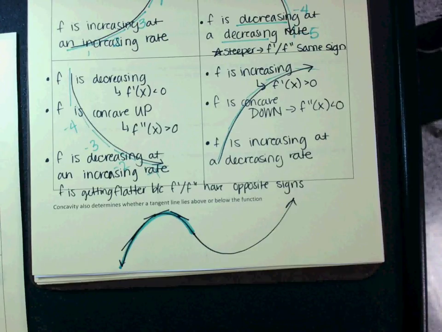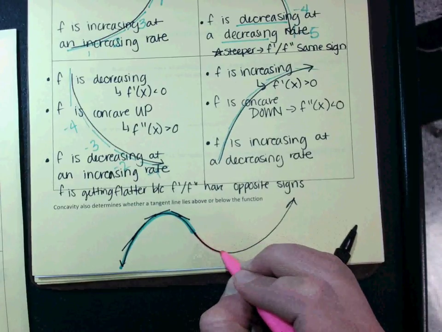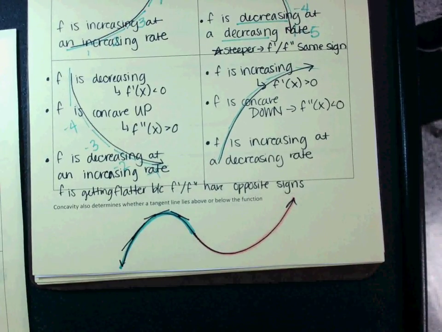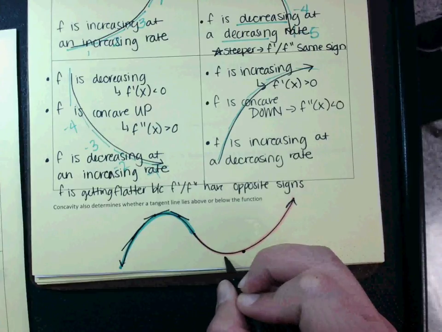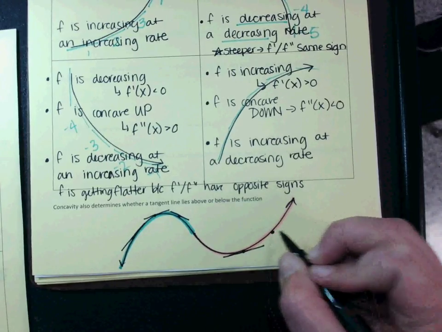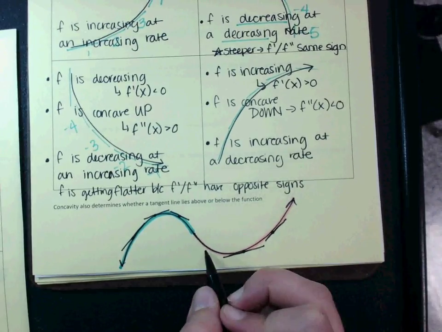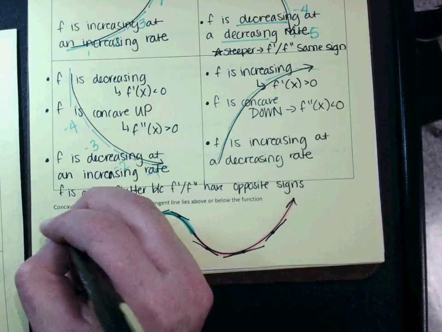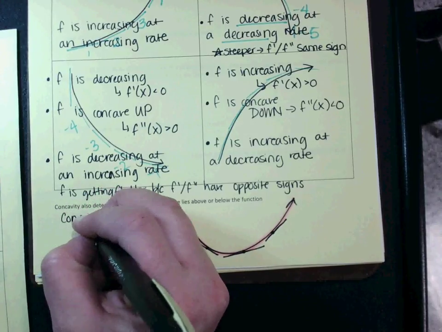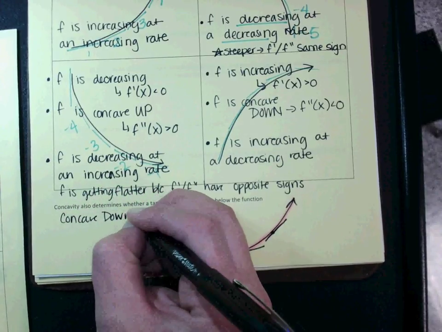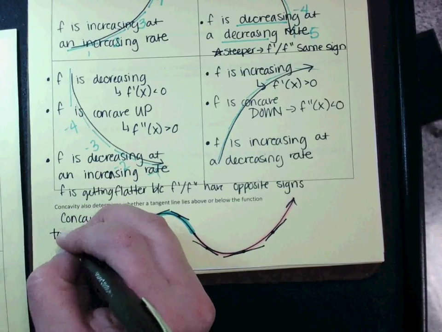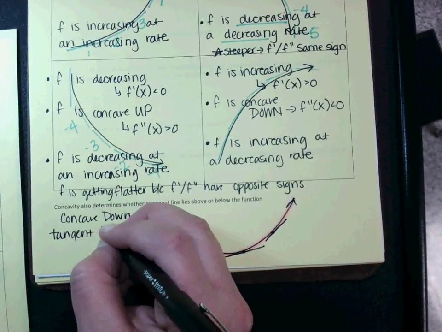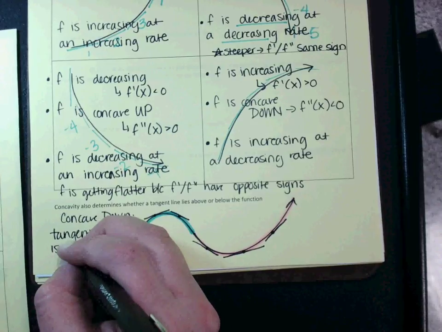Okay, now let's think about the concave up part. Here's my concave up section. If I draw a tangent line adjacent to a curve that is concave up, where is your tangent line going to fall? Below. So what we're going to put is, if your graph is concave down, your tangent line is above the curve.